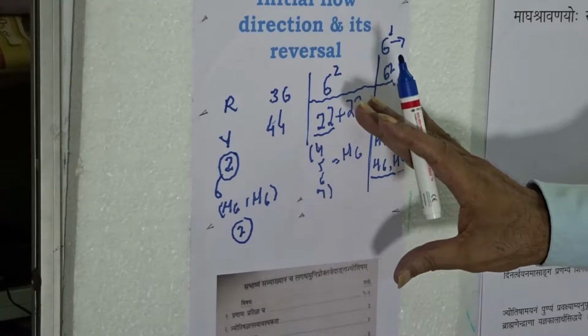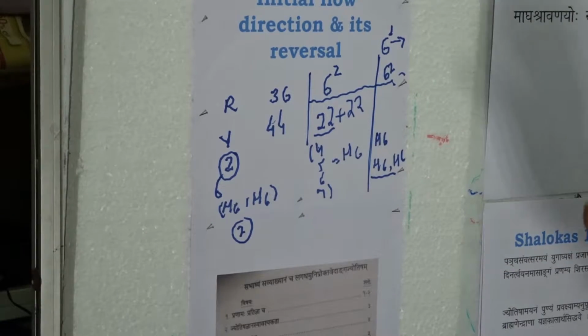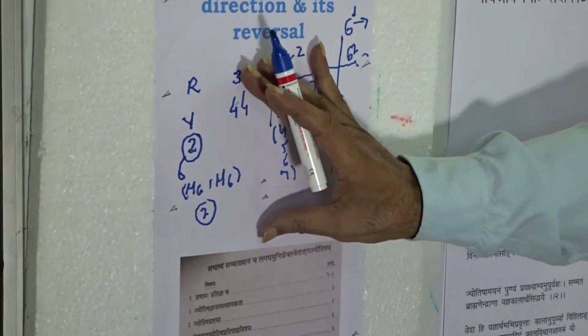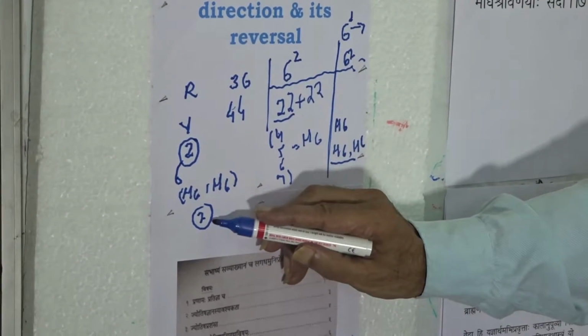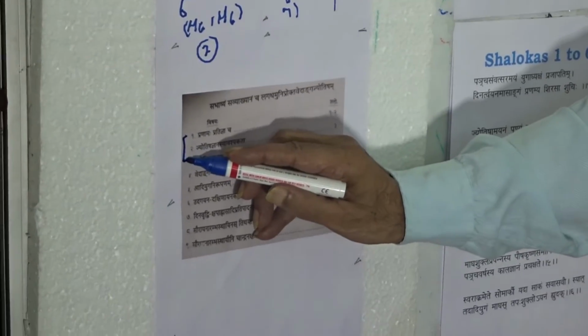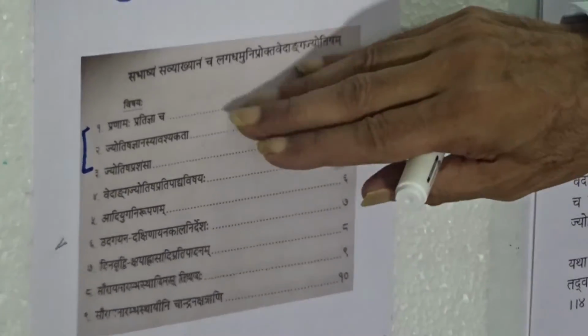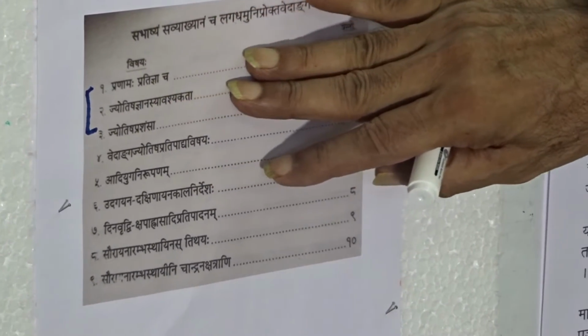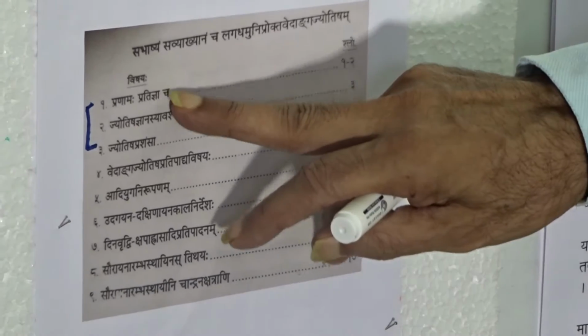From here, we shall make a note that the first indication of the focus upon value 2 is that we shall try to have a simultaneous reading, understanding, comprehension of a pair of shlokas.